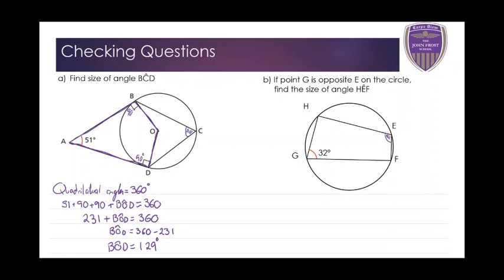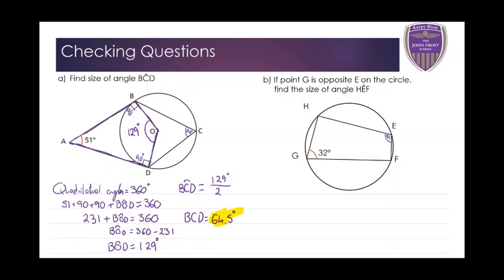So therefore, if this angle is 129 degrees, that means angle BCD is half of angle BOD, because it's following the rule from the first part of the lesson. So BCD equals 129 degrees divided by 2. Therefore, BCD is equal to 64.5 degrees. Okay, so that's your answer to the first checking question.